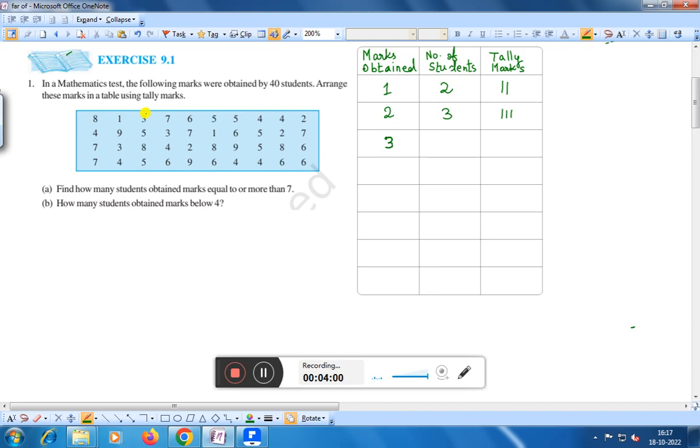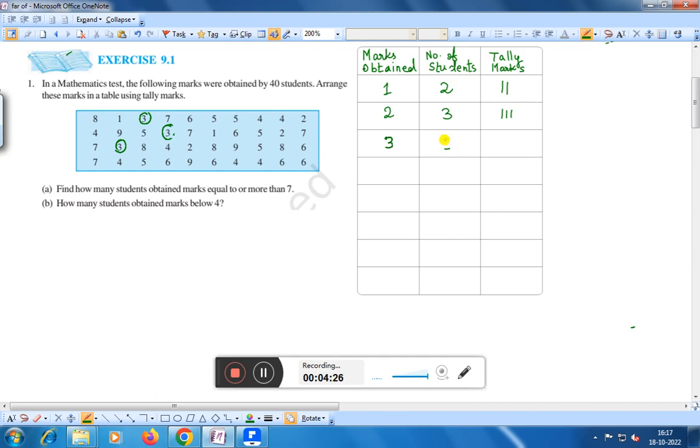We count, this is 1 in row 2, this is 3, and in row third, this is 3, and in row 4 there is no 3. That is number of students is 3.